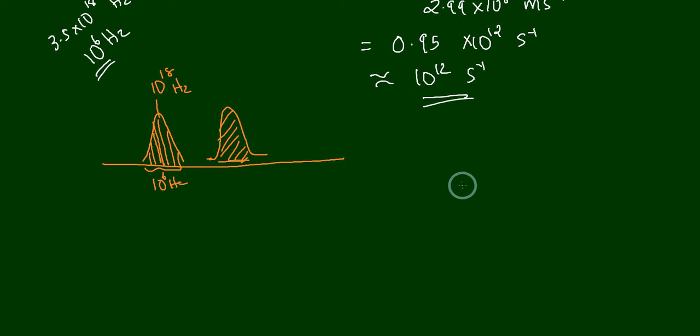If the recoil velocity is minimized, or in the ideal case the recoil is stopped, so that the recoil velocity is 0 meter per second, then it is going to emit a gamma ray which will fall under this region, around 10 raised to 18 hertz with a line width of around 10 raised to 6 hertz. That is what Mössbauer understood.